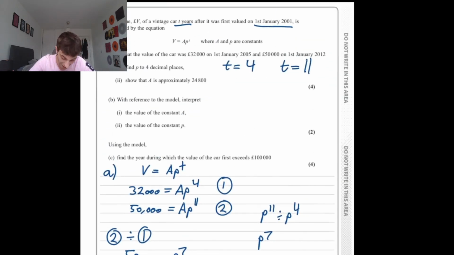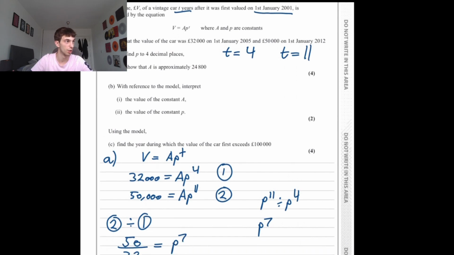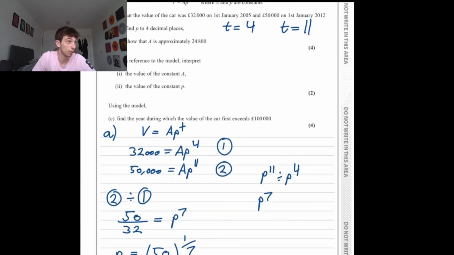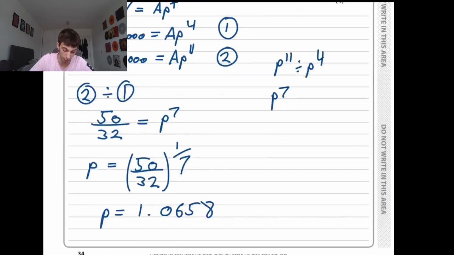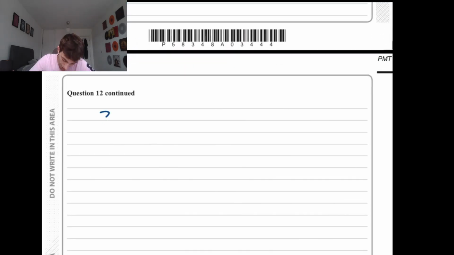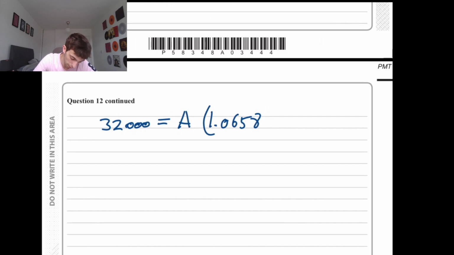Now they want us to show that A is approximately 24,800. So all we have to do is look at either equation. Let's look at equation 1 and plug in the value of P that we just found to find A. We have 32,000 equals A times 1.0658 to the power of 4.